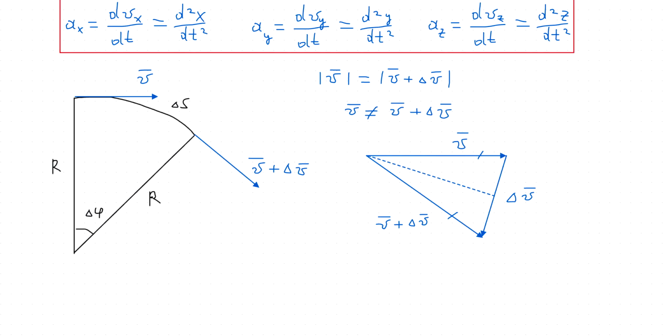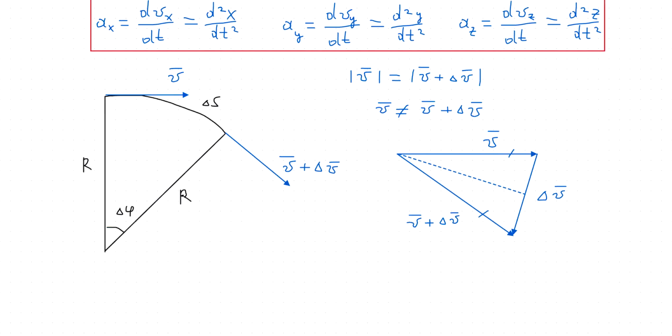And what else we can see? We can also see that vector v rotates with radius r, and here we have straight angle, because velocity is tangent to the circle. So according to this, we can say that this angle is equal to this. So these angles are equal, according to the drawn pictures.